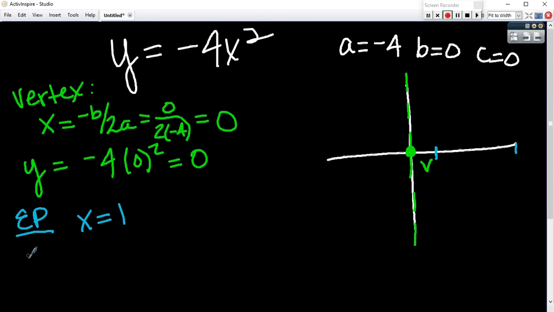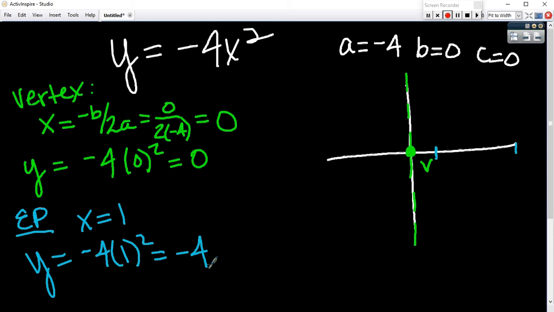Plug it in, because that's what we always do to find the other part. -4 times 1 squared. What does that give you? Square the 1 first and then multiply. It's going to be 1 times -4, which is -4.